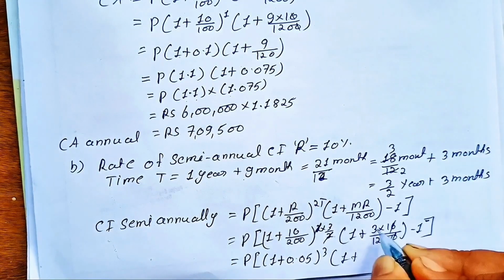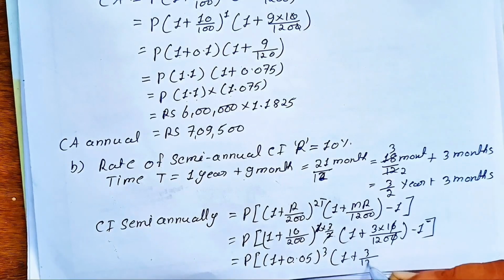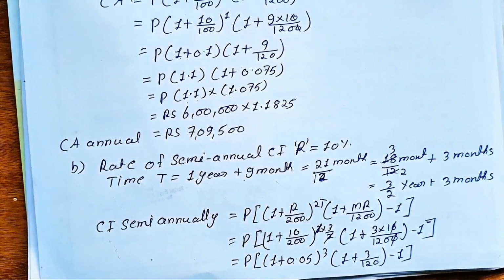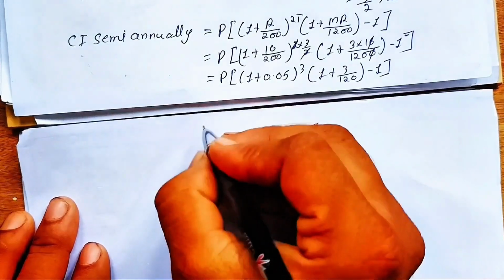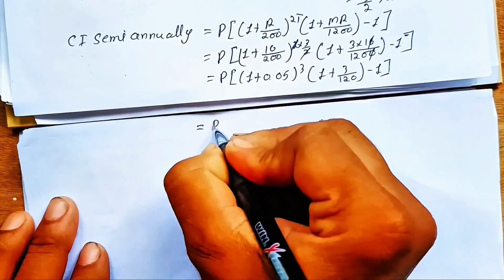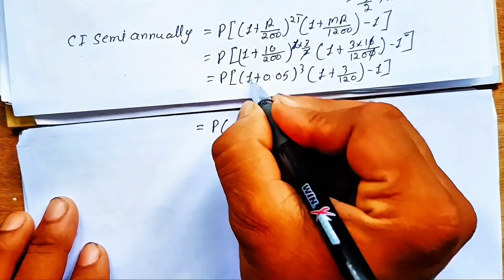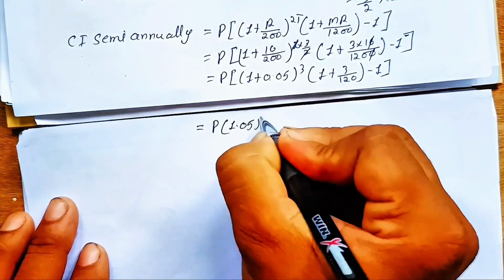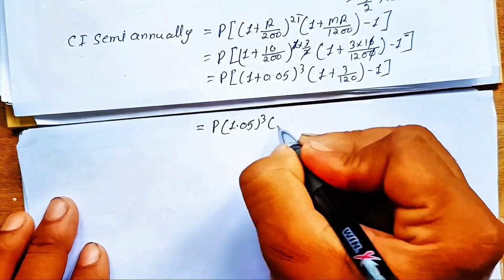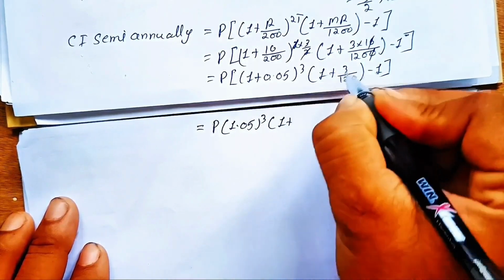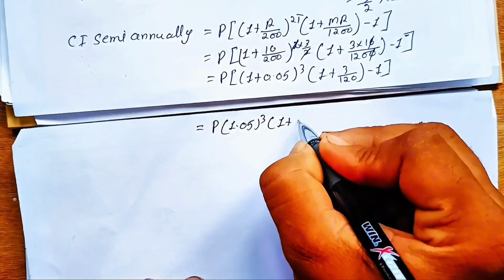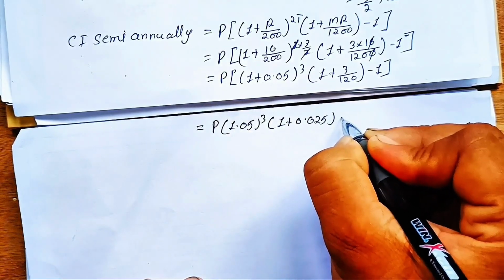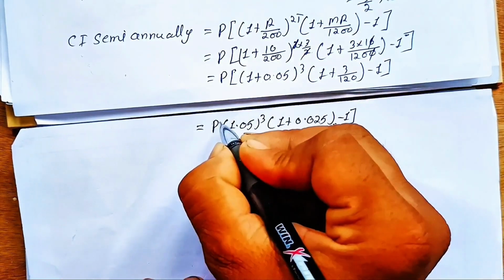Factor 1 plus 3 times 1 becomes 3 upon 120 minus 1. This P times (1 plus 0.05), it becomes 1.05 to the power 3, and here 1 plus 3 divided by 1200 becomes 0.025 minus 1.